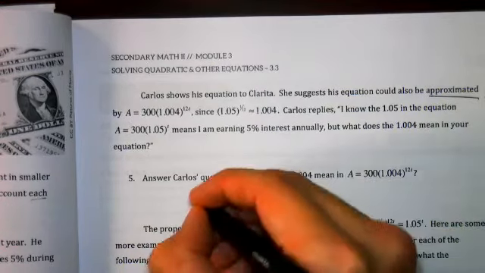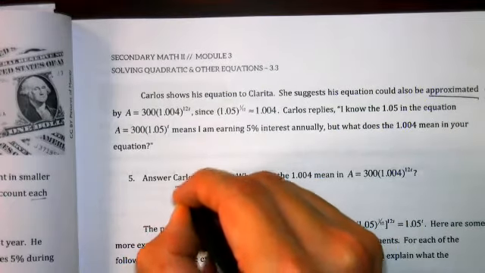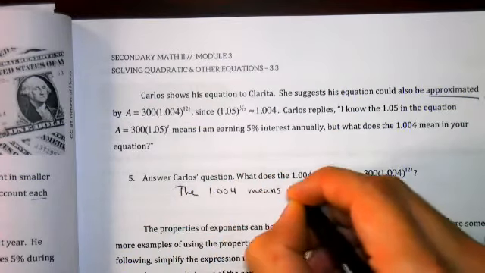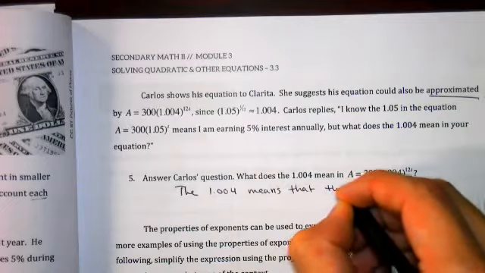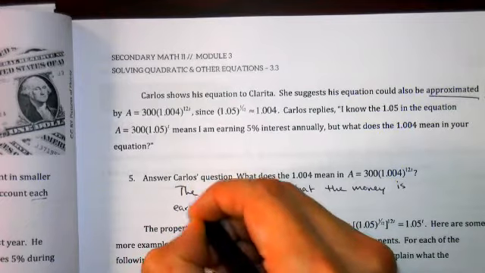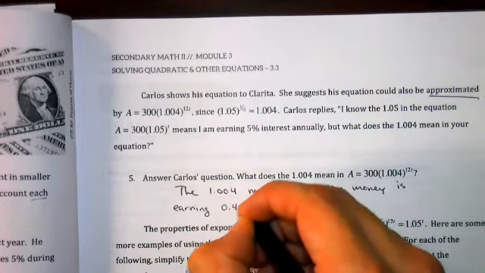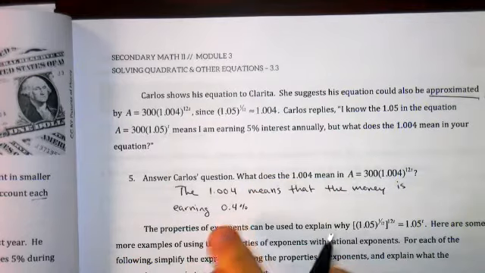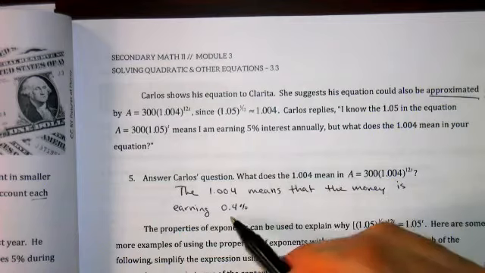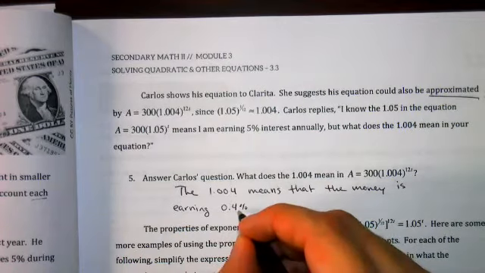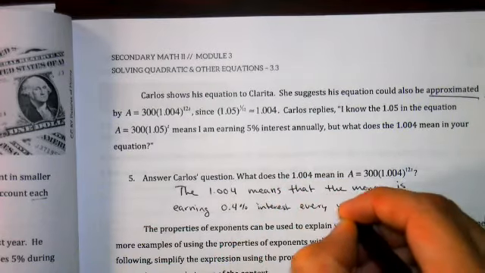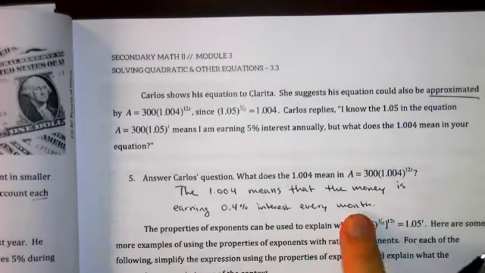So the 1.004 means that the money is earning 0.4%. Right? That's not even 1%. It's less than 1%. That's a lot less than 5%. 0.4% interest every month. So that's what that represents.